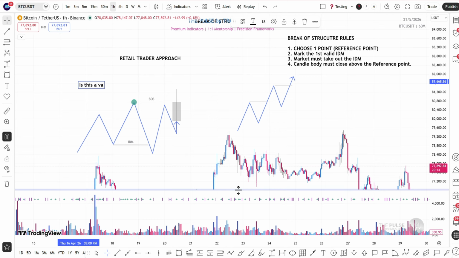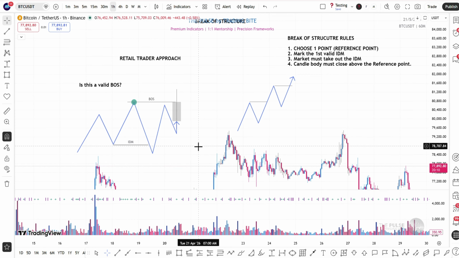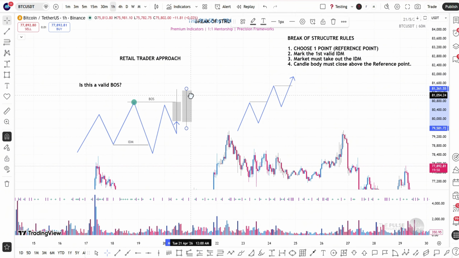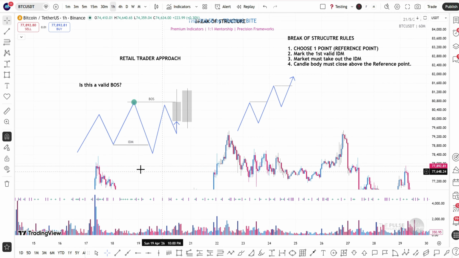Is this a valid break of structure? Second scenario, I'm going to make another candle right here.